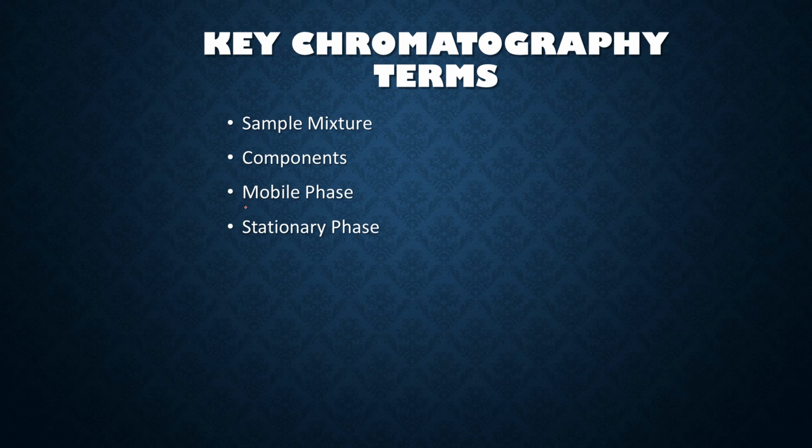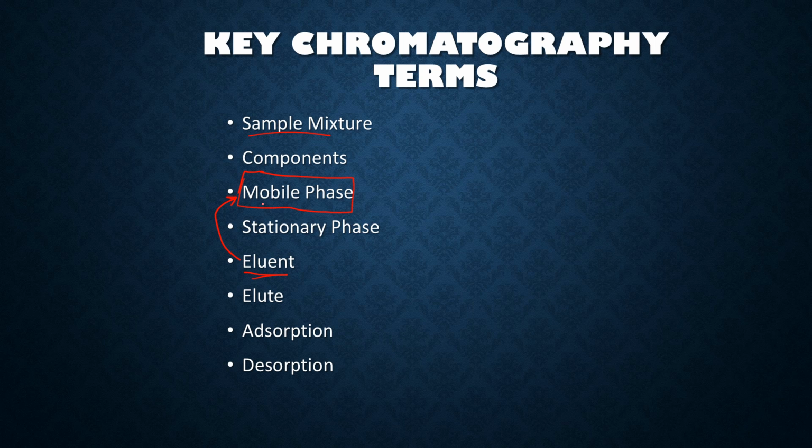To do that, we need to run the components in a mobile phase across a stationary phase, and we have to elute our components either up a paper chromatogram or through a column using eluent, which is a lot of the time a part of the mobile phase. Now, the eluent and the sample mixture can be said to make up the mobile phase. In fact, sample mixture plus eluent makes up the mobile phase.